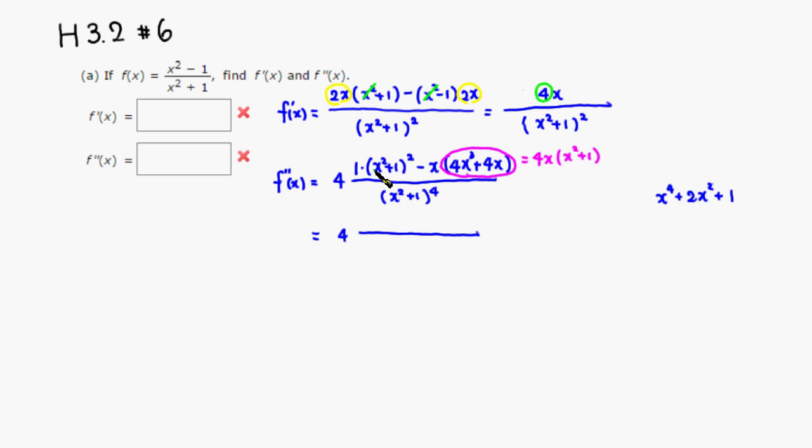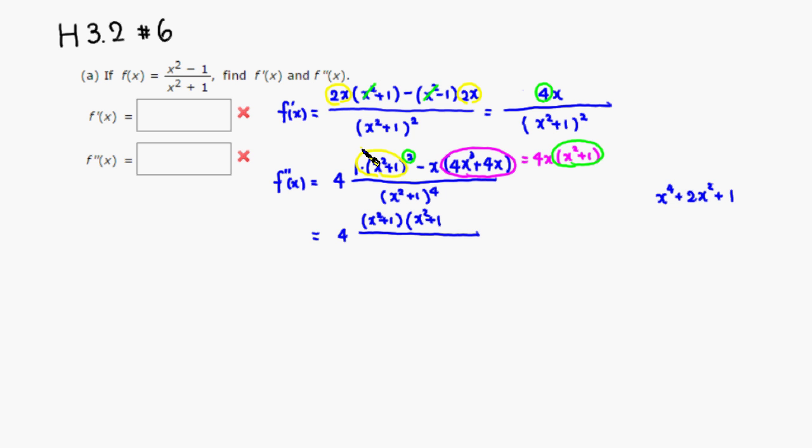There's x squared plus 1 here, there are 2 of them, so I'll circle this guy, and there's x squared plus 1 here. So we can pull that out. Those will pull out, and what's left is another x squared plus 1 from the first term. So we took care of this guy already.